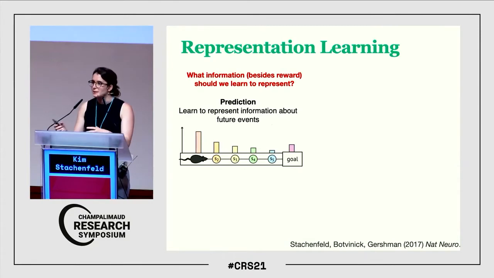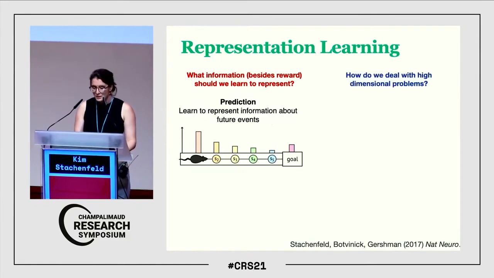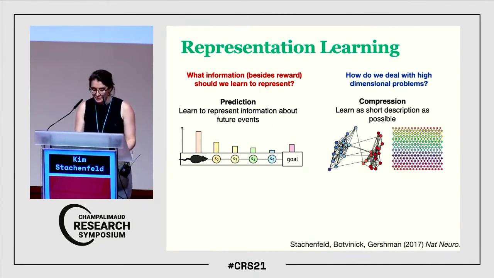And this automatically accounts for any future outcomes that you can expect and lets you anticipate upcoming events. Another problem is how we deal with high-dimensional problems. If you have a lot of states that you have to learn about, it will take you a really long time. And we can use tools from compression to try and make it so we have fewer things to learn about. So you end up grouping states together, having a common description for multiple states that lets you learn about more than one at a time.